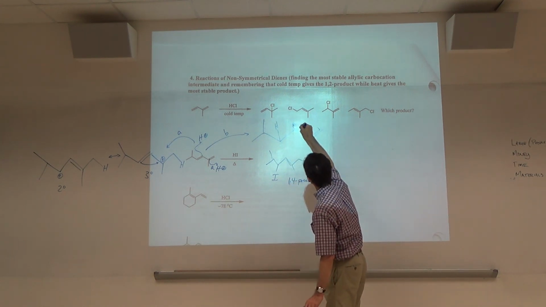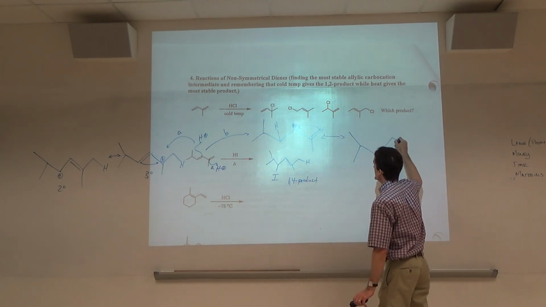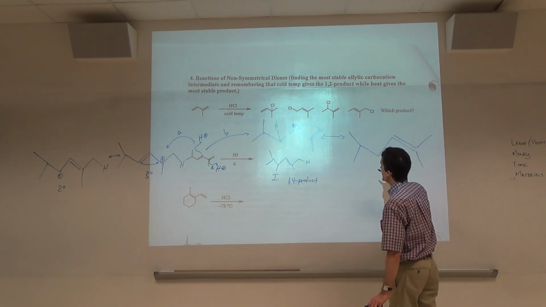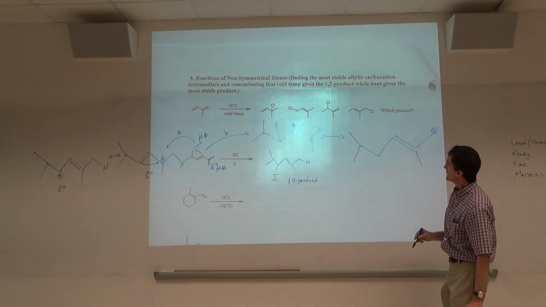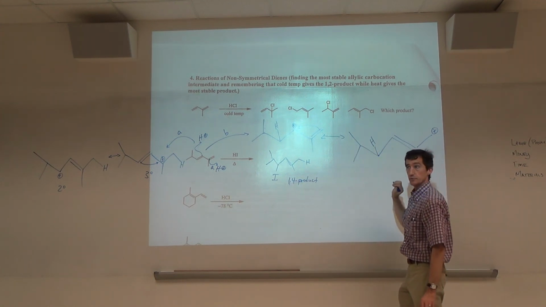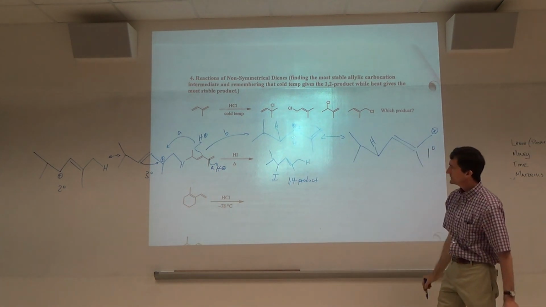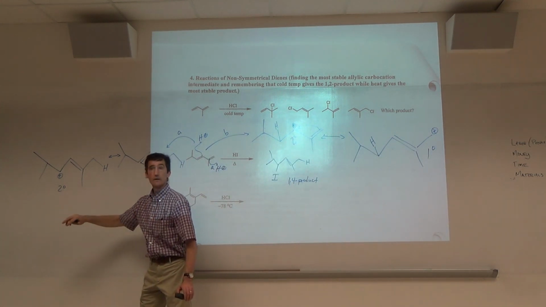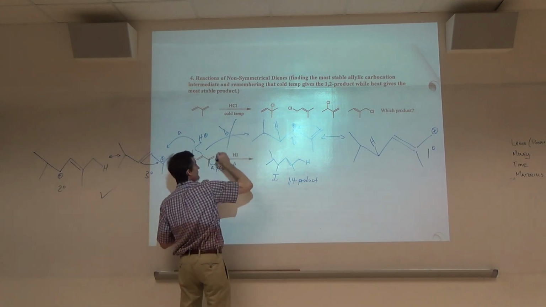Then we can windshield wiper over, and we get a resonance structure that looks like that. New H is here. That's one cation, right? True structure is a hybrid, but it has characteristics of secondary and primary. Would you rather make a cation that has secondary and primary characteristics or tertiary and secondary? It's a better cation. Forget about it.